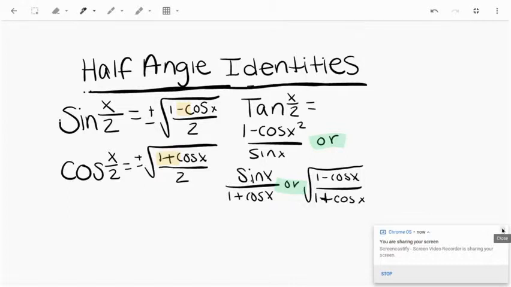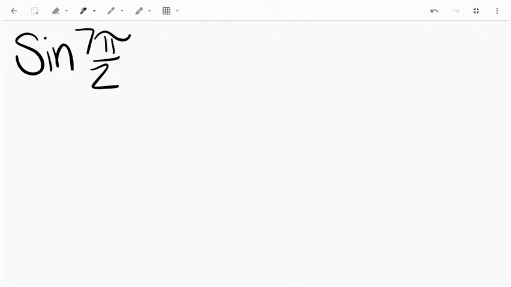To get started, we are going to start with some practice problems. The first practice problem we're going to do is going to be using the sine function. Sine of 7 pi over 2. Now I want you to find the exact value.